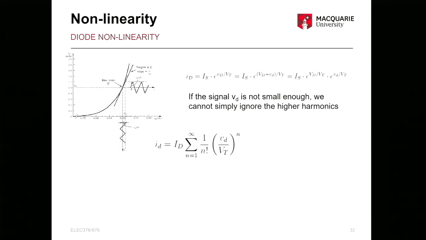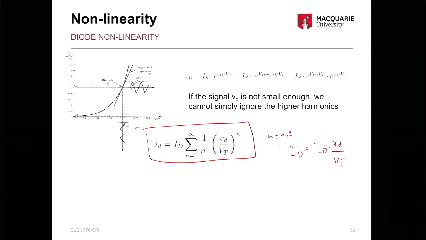So in reality, it is actually this one. We took n equal to 1 for the linear approximation, right? So if n equal to 1, or up to 1, that will be Id plus Id times Vd divided by Vt. So this is what our linear approximation looked like.